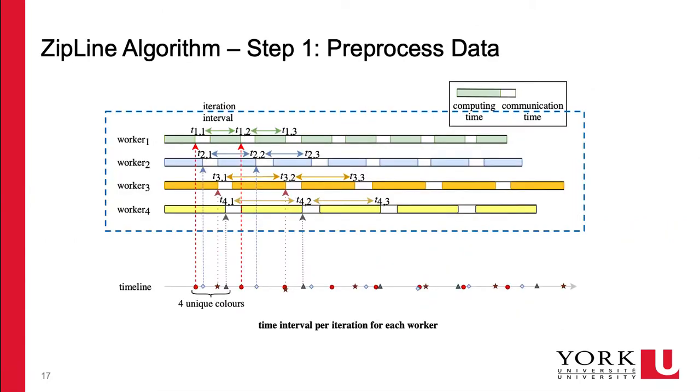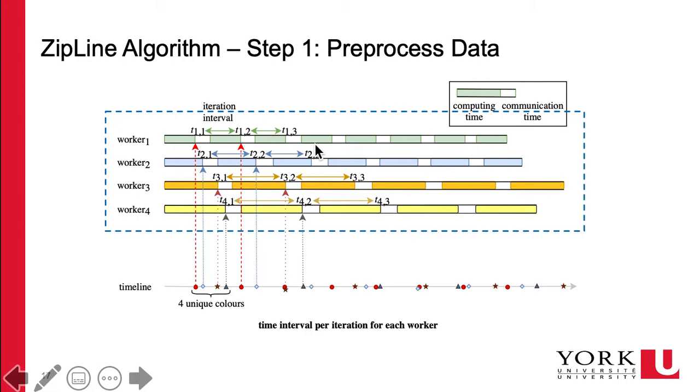The parameter server can always tell each iteration of each worker. For example, when worker 1 finishes one iteration, it sends its gradients to the server, and the server knows the timestamp at which it finished that iteration. Likewise for the second iteration and the third iteration, the server can always tell.